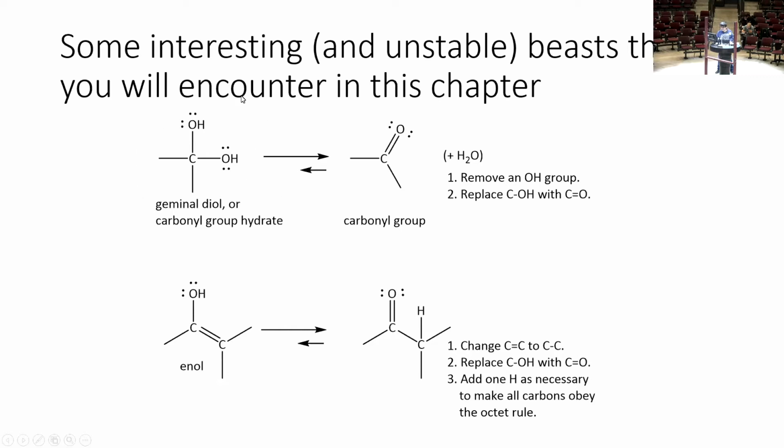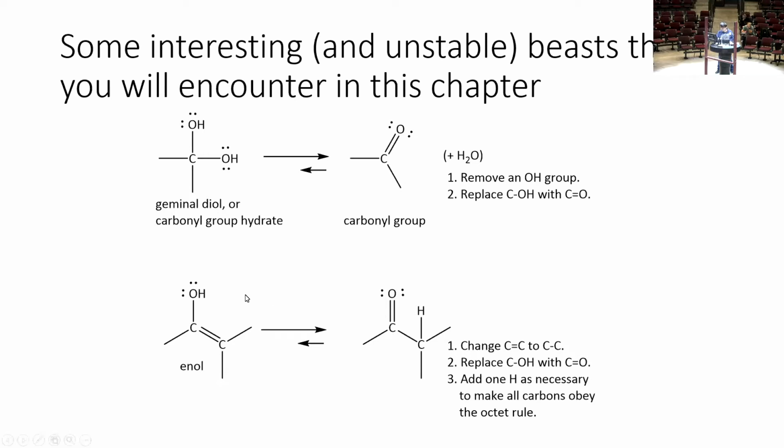Again, we might or might not run into this in this chapter, but if you do in your travels, if you're writing a mechanism, let's say, and you see that you've drawn a compound with two OHs on the same carbon, then you can just go straight to this. You're not responsible for the mechanism yet. We'll get to that in, I think, chapter 19 next term, although it might be 20, but it's somewhere around in there.